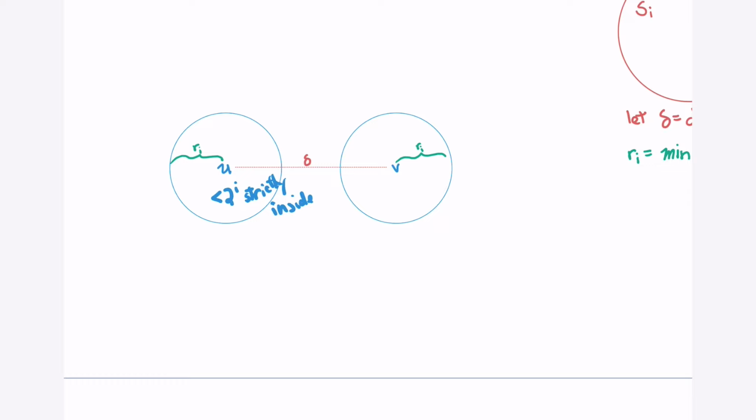there's at most 2 to the i points in U. So the 2 to the ith will have to be on the boundary.